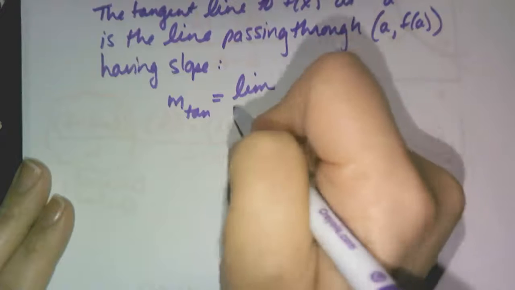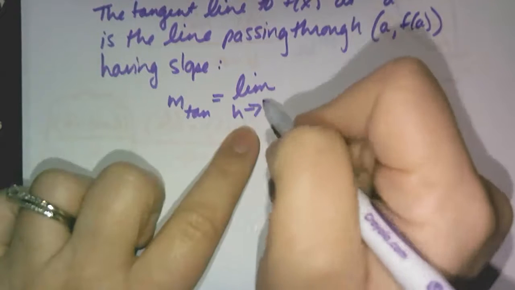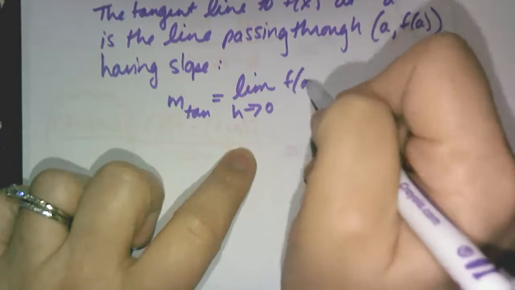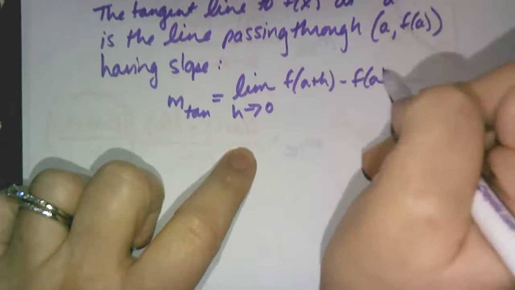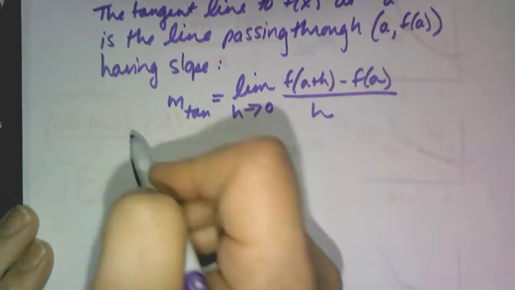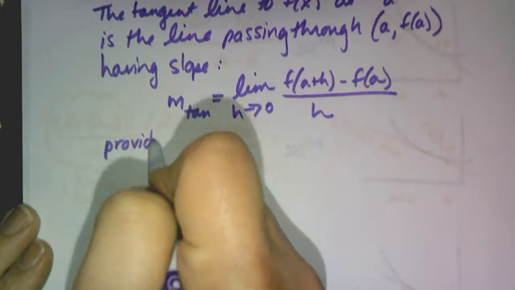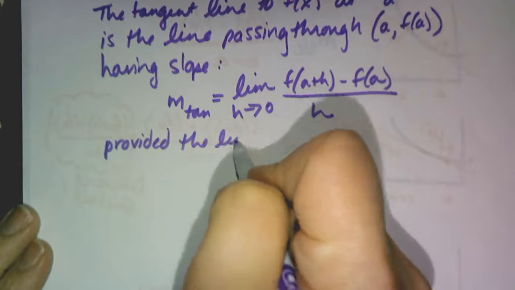The slope is equal to what we just wrote up above: the limit as h approaches 0 of f of a plus h minus f of a over h, provided the limit exists, and then I'll explain.